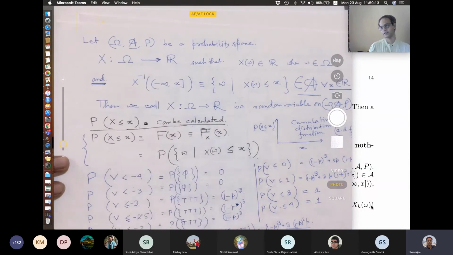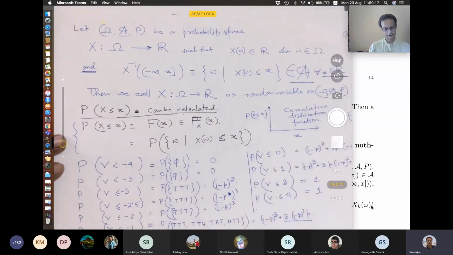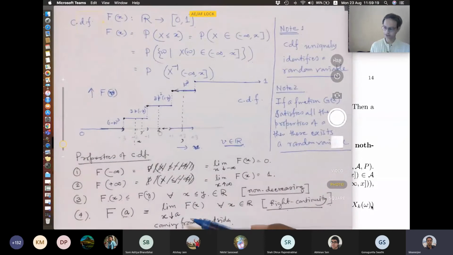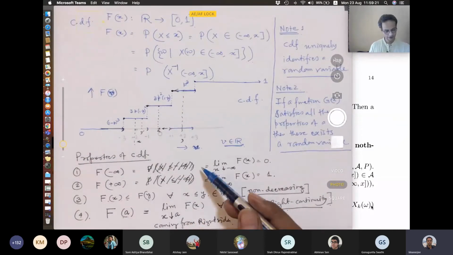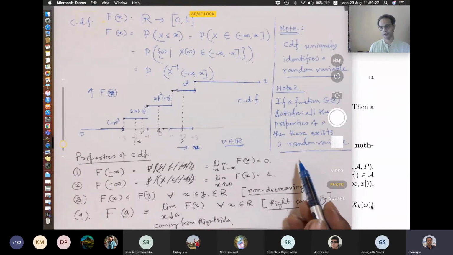So you can ensure from here that the reverse is also true: if these four properties are satisfied by any general function G(x) from the real numbers to [0, 1], then there must be a random variable associated with it. So this completes the journey of the definition of random variable and CDF.